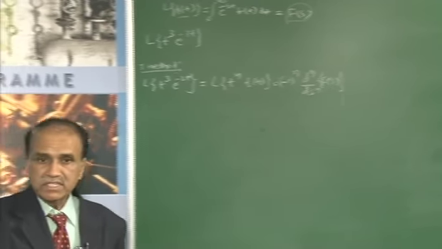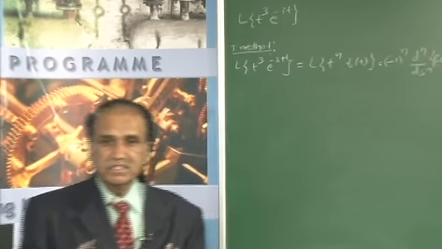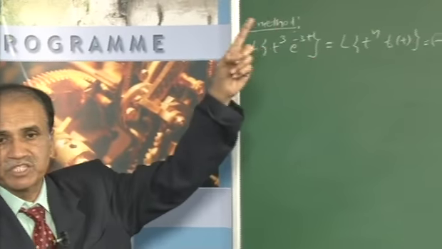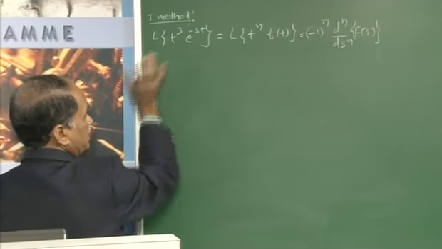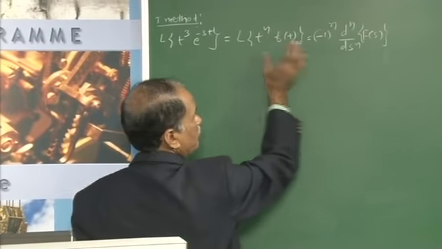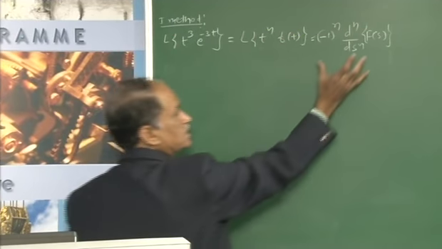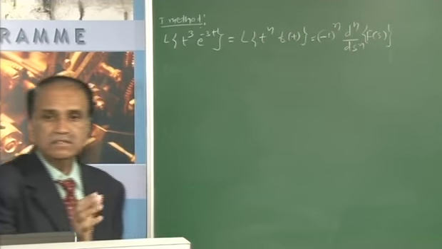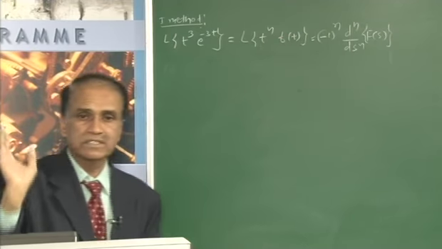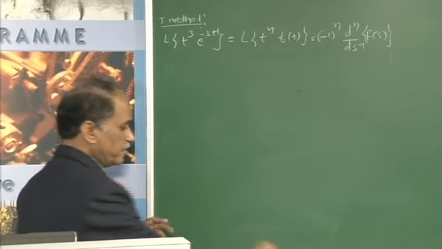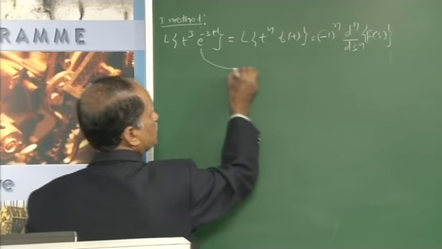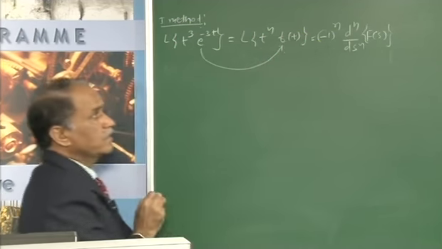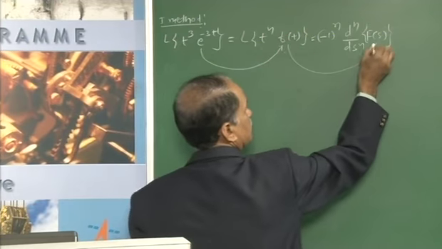Dear students, you have to understand many things when you are writing this expression, because this is your problem statement, this is your formula LHS, and this is your derived formula and the result is on the RHS. You can easily compare the product as it is, that is t to the power n, so that this is f of t, so that this is f of s.